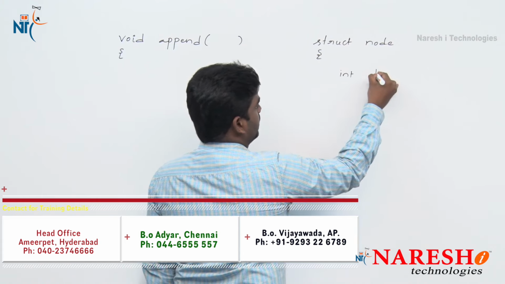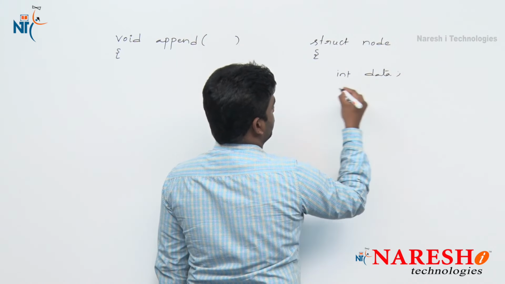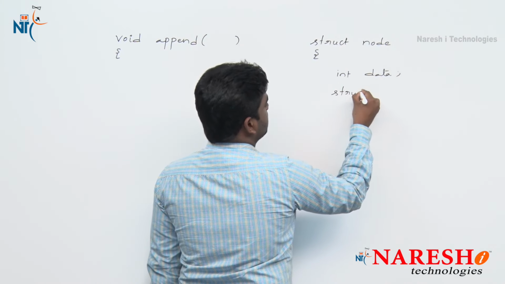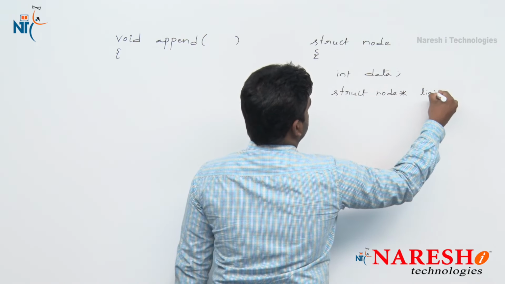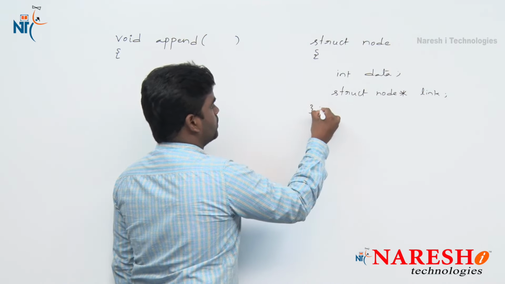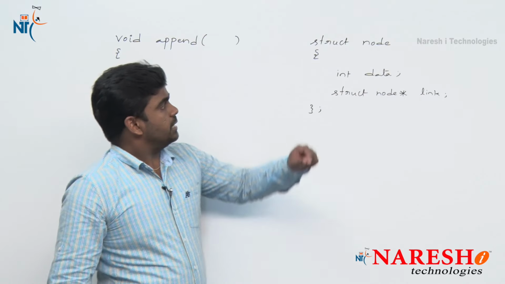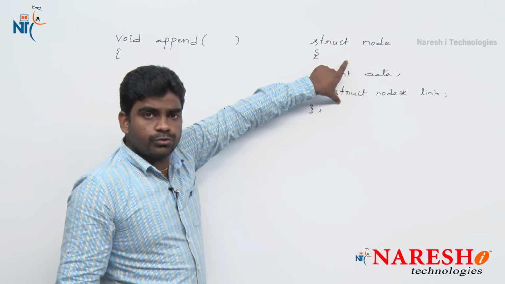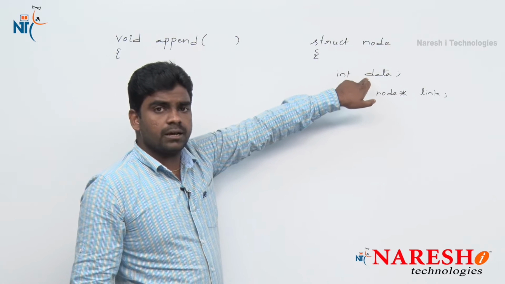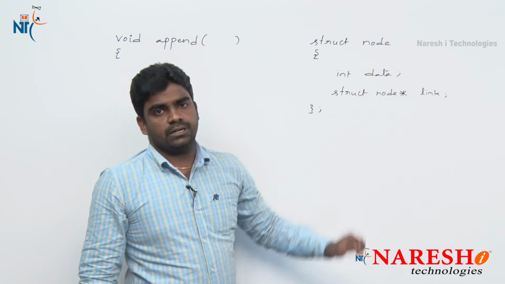Here it is, int, the first one is data, and the second one, the link, is of type struct node. The node structure contains 2 fields: the first is data and the next is the link field.